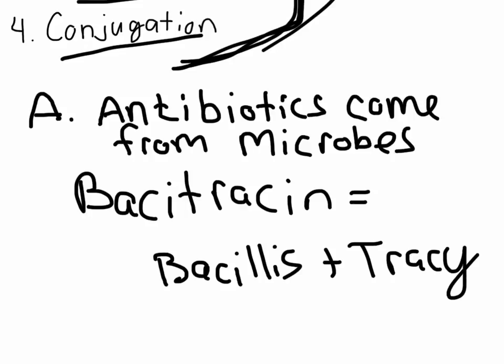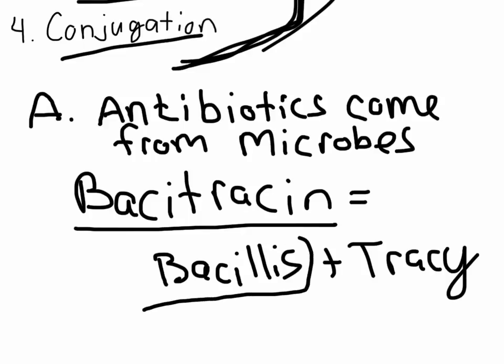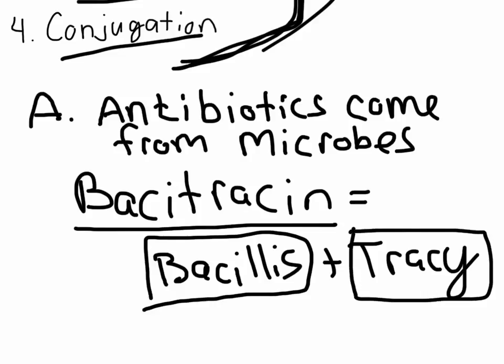So for example, the antimicrobial agent bacitracin was discovered in the bacteria Bacillus subtilis that was infecting a girl named Tracy. That's where it actually got its name, bacitracin. Of course, this way of spelling Tracy is not the way she actually spelled her name, but that is what researchers misspelled her name as, and that's why it's called bacitracin.